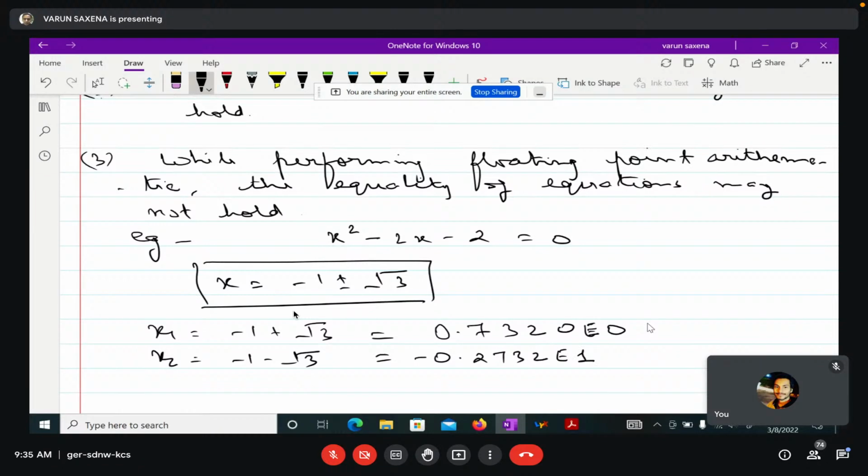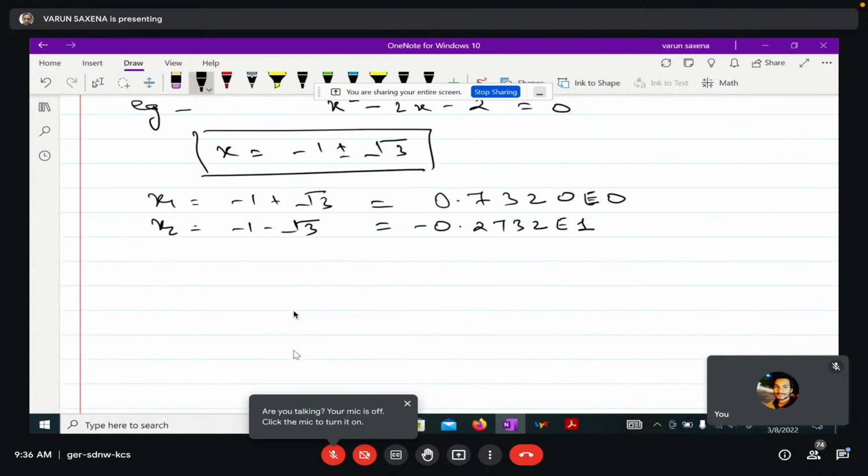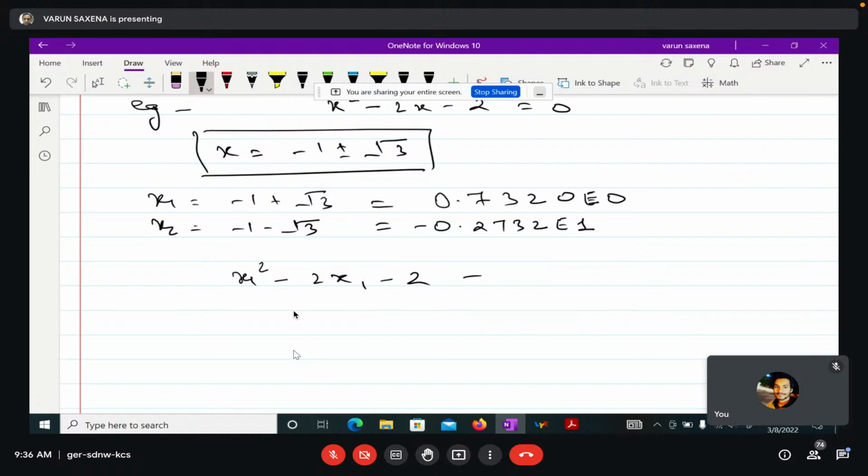And now, with any one of these, if you try to evaluate x1 squared minus 2x1 minus 2, you will see that this quantity will not be equal to 0.